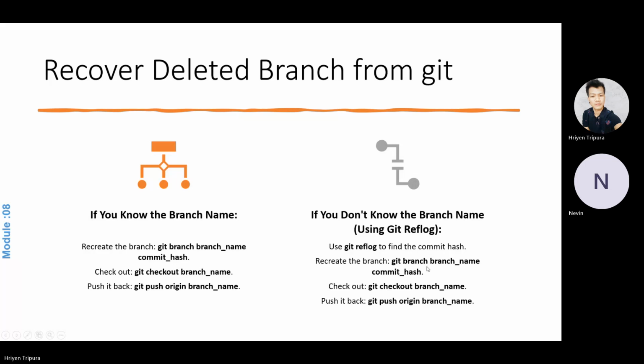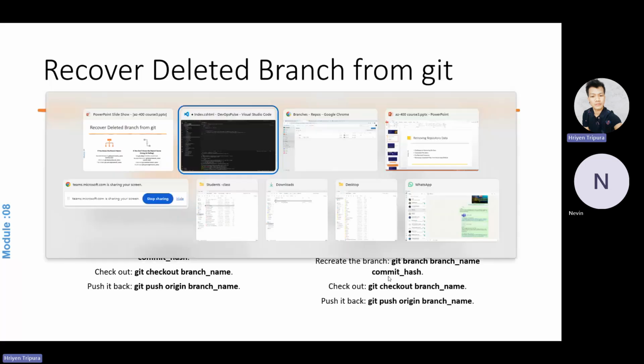Git branch, then the branch name. Same thing, just like normally you use git branch then branch name, but we add an additional thing, that is the commit hash. So that the same branch will be created.